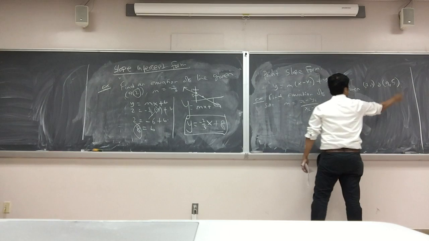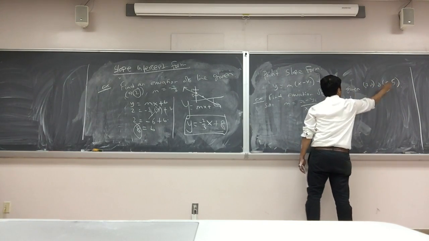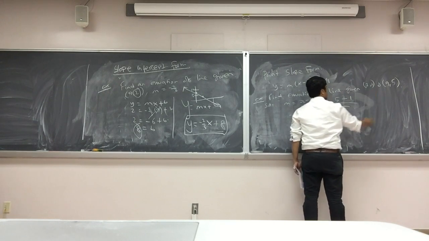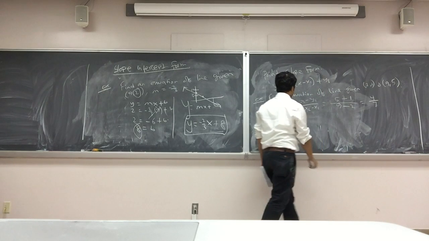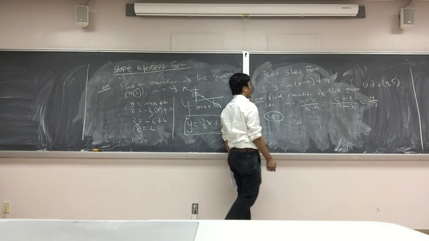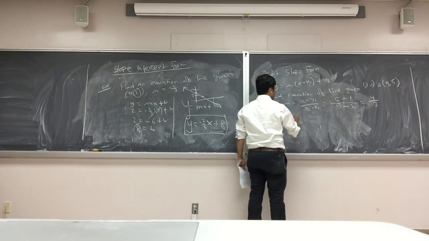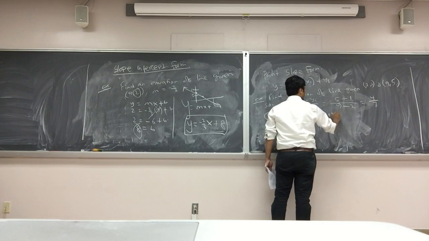So y2 is 5, y1 is 1, x2 is 9, and x1 is 2. So the slope is 4/7. Step 2, we're going to use the point slope form. This is y equals m times (x minus x1) plus y1.